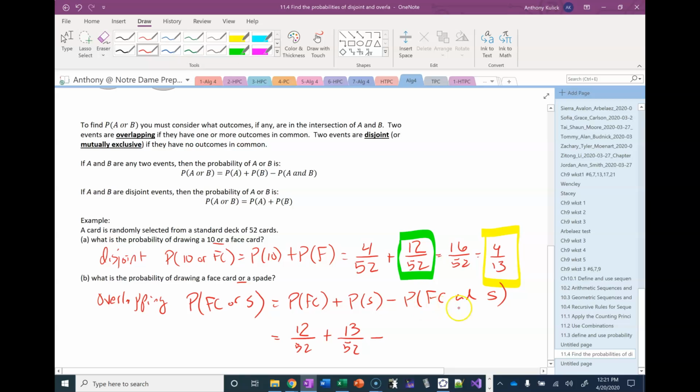Minus the probability of face cards and spades. So how many face cards are also spades? Well, there's the jack of spades, the queen of spades, and the king of spades. So there's 3 of those. So that ends up with 22 out of 52, which reduces down to 11 out of 26.